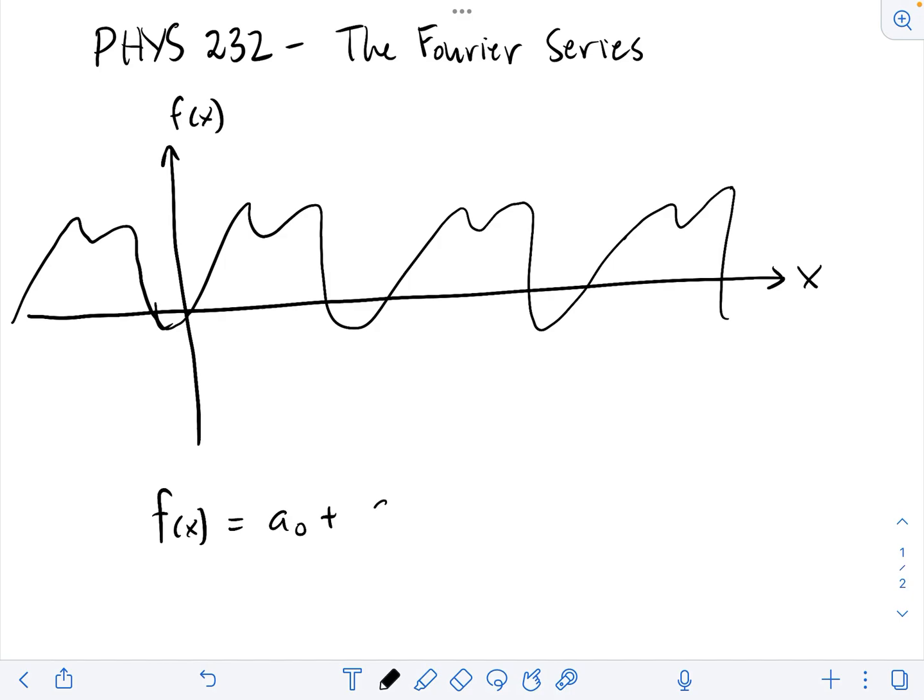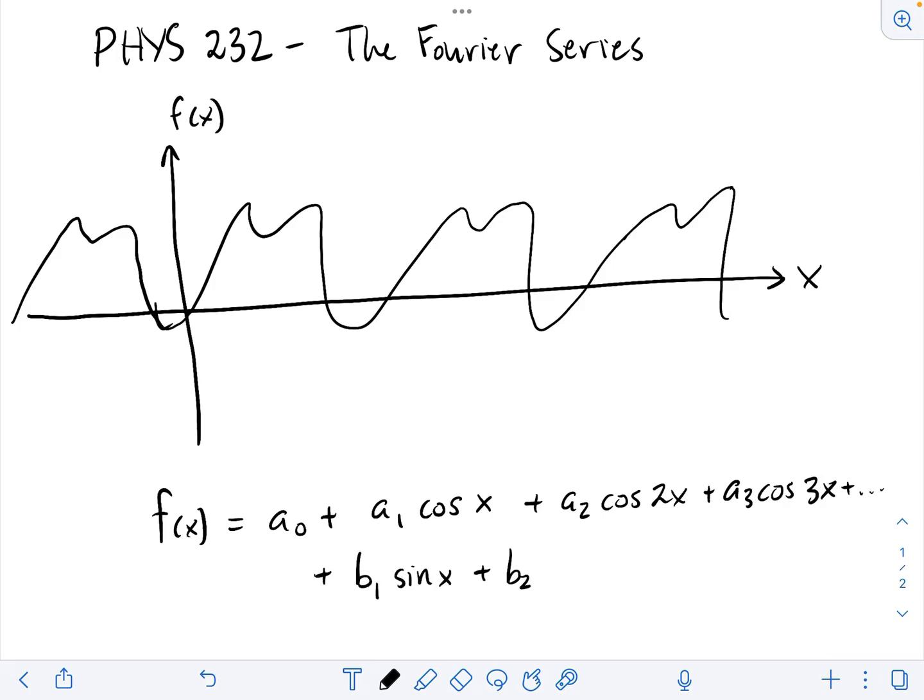So it would look like A0 is our constant offset, and then there's an A1 term times cos of x plus A2 times cos of 2x plus A3 cos of 3x plus and so on, plus a B1 coefficient times sine of x plus a B2 sine 2x plus B3 sine 3x plus and so on.